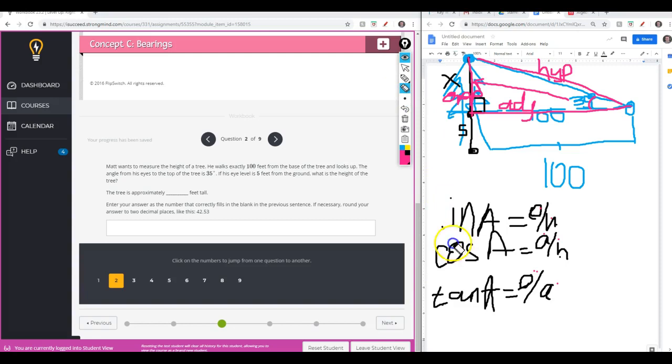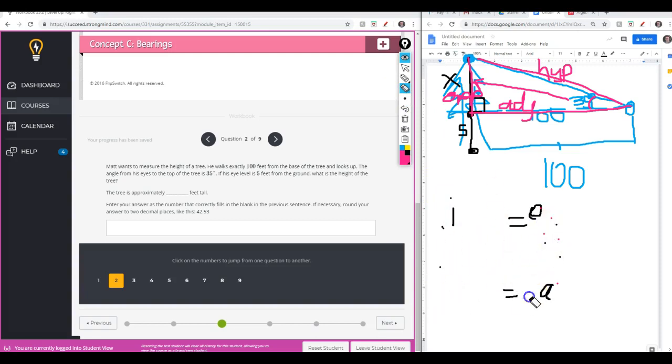So now let's just set that up. We have tangent of our angle. Again, our angle is the angle we labeled the triangle from. So we have tangent of 35 degrees is equal to the opposite side length, which was represented by x, divided by the adjacent side length, which is 100.